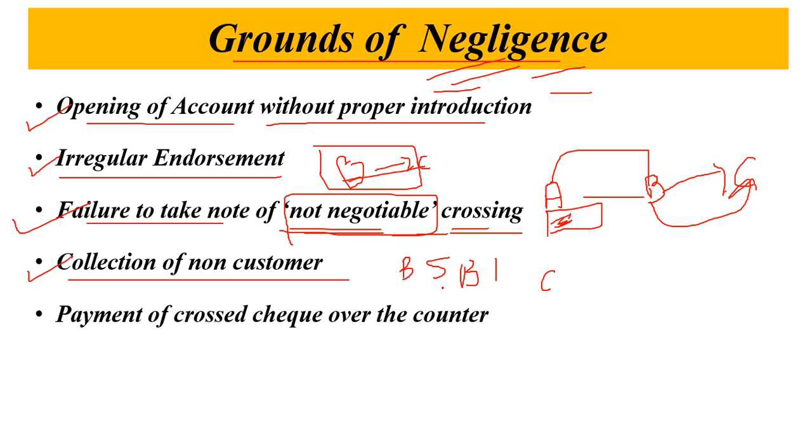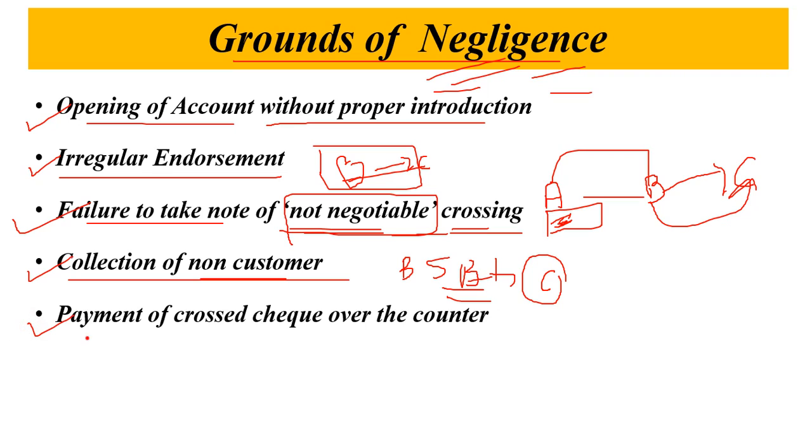Now C does not have an account in SBI, so the collecting banker cannot collect the check of C, because C is not having an account in SBI. So C becomes a non-customer. If the banker collects the check of a non-customer, then it becomes carelessness, or irresponsibility, of the collecting banker.